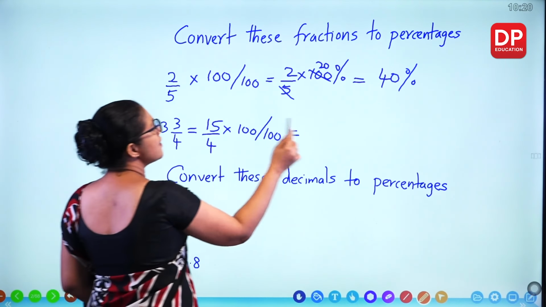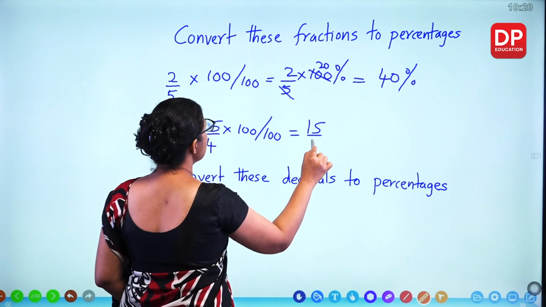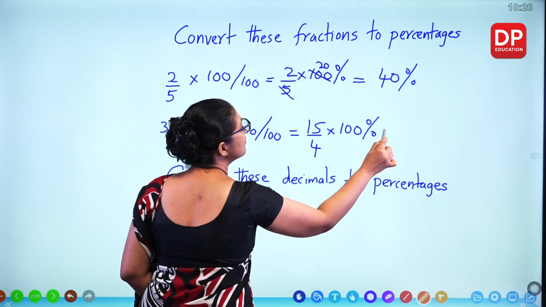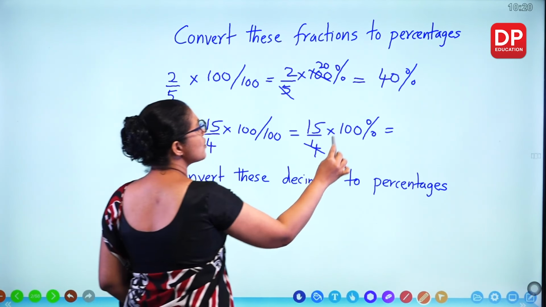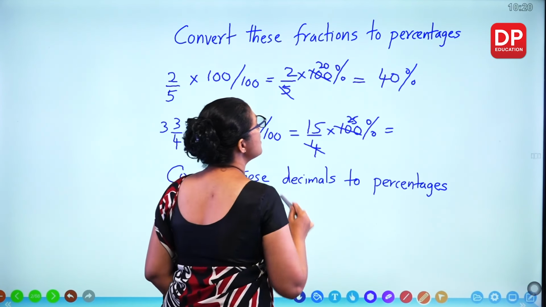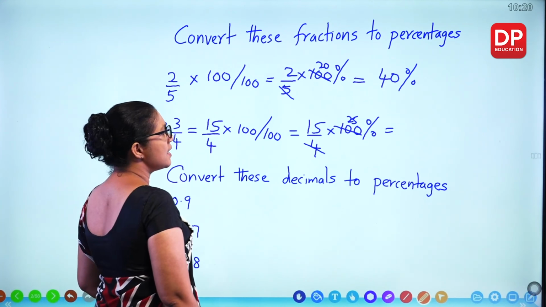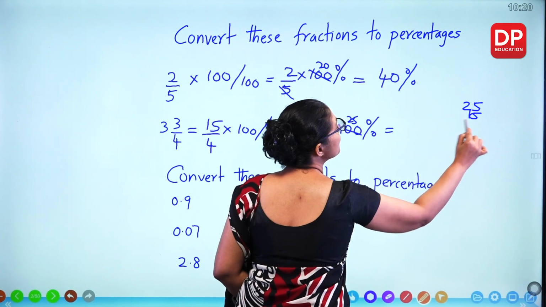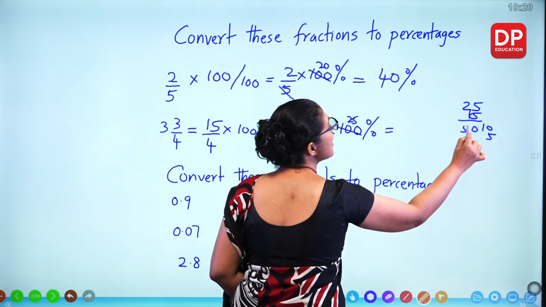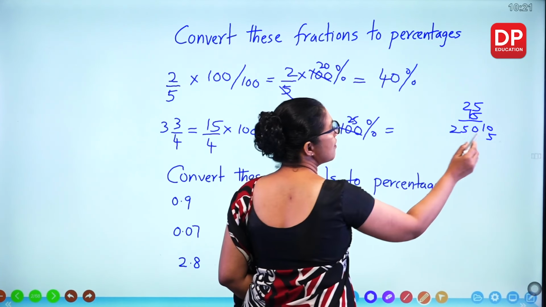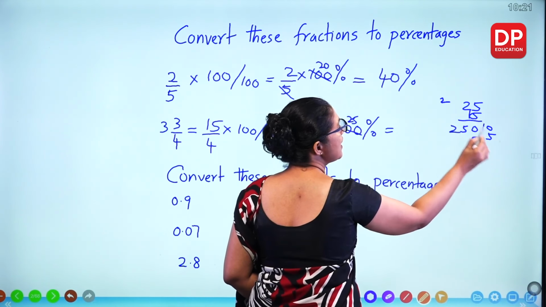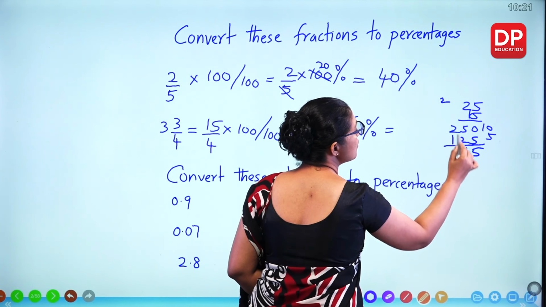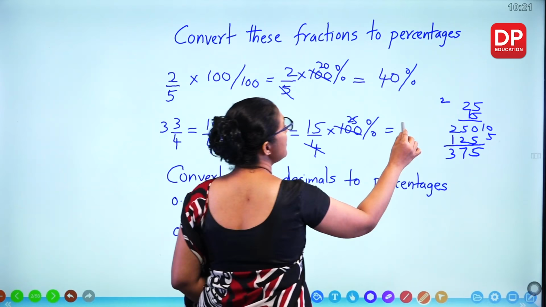Divide by 100 is same as the percentage sign. So 4 times 25, 25 times 15, what's the value? 10 and 5, you get 5 times 5, 25, 2 remaining, 5 times 2, 10, plus 2, 12. So when you add it together, you get 375%.